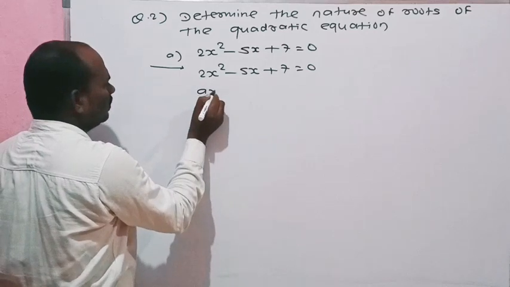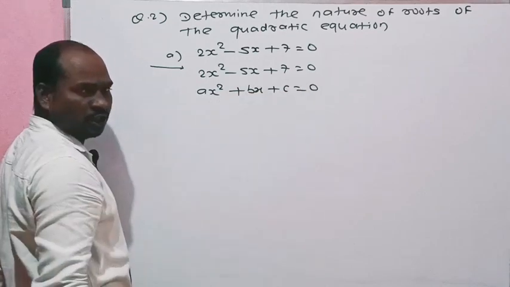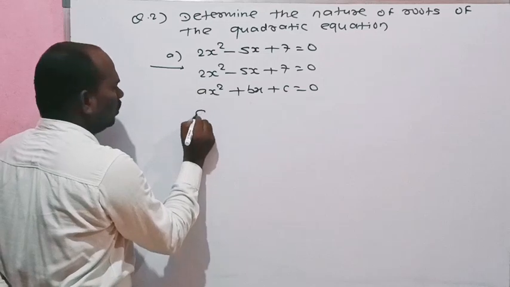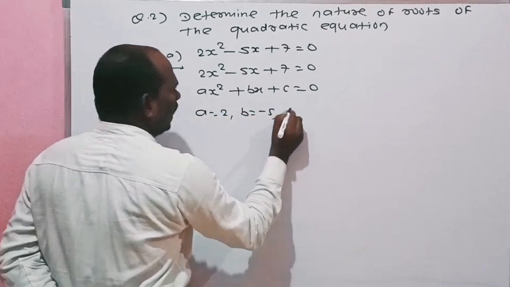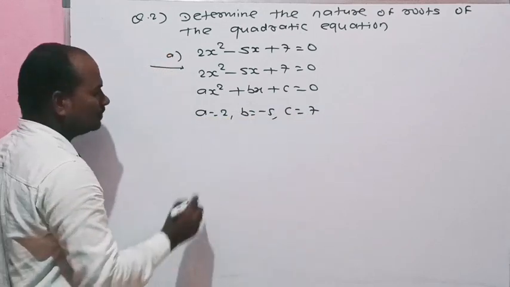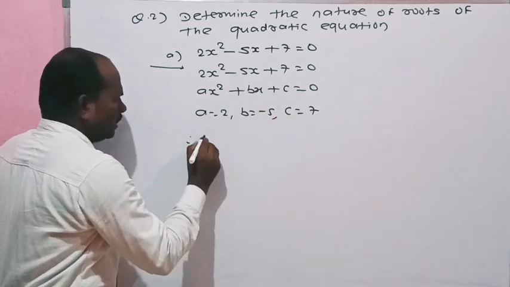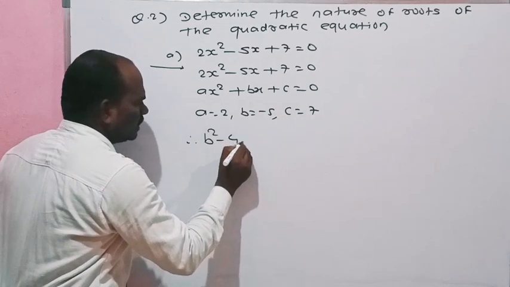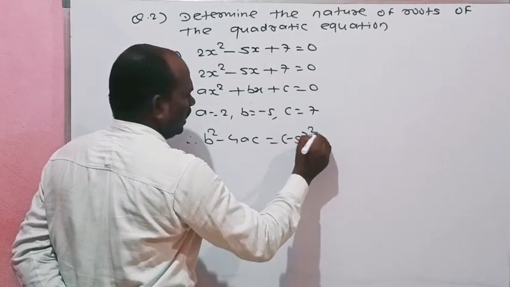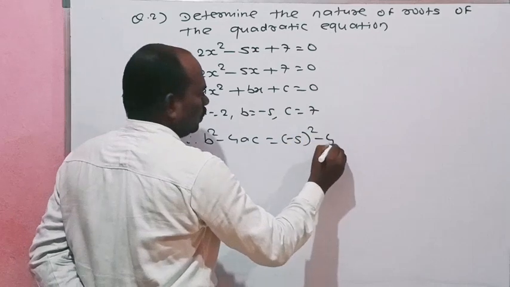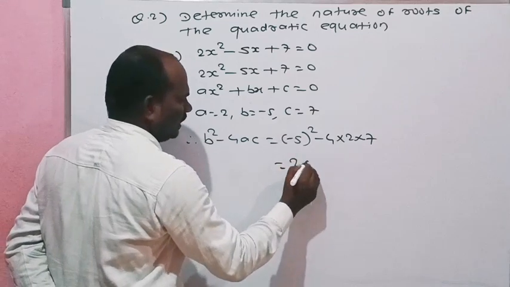Now we can equate with ax square plus bx plus c equal to 0. The value of a equal to 2, b equal to minus 5 and c equal to 7. Therefore the discriminant value is b square minus 4ac, that is minus 5 square minus 4 times 2 times 7. Minus 5 square is 25.